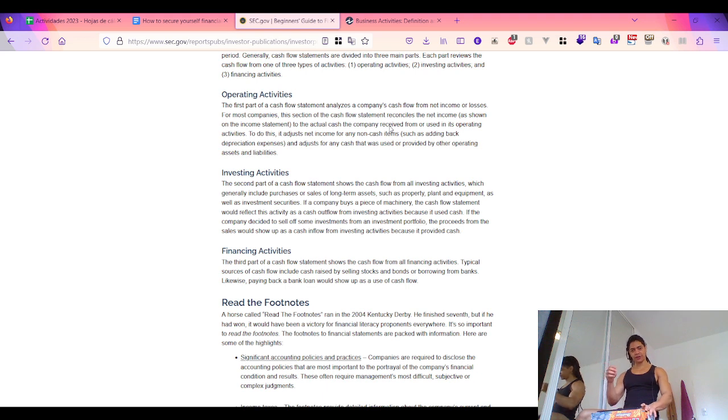Operating assets, we find here accounts receivable, inventory, prepaid expenses, so expenses that a company made in advance for goods or services to enjoy in the near future, such as insurance premiums, like health for medical coverage, home or your vehicle to protect them against accidents or fires and any potential damage, life to protect you or someone in your family or friends in the event of the policyholder's death.